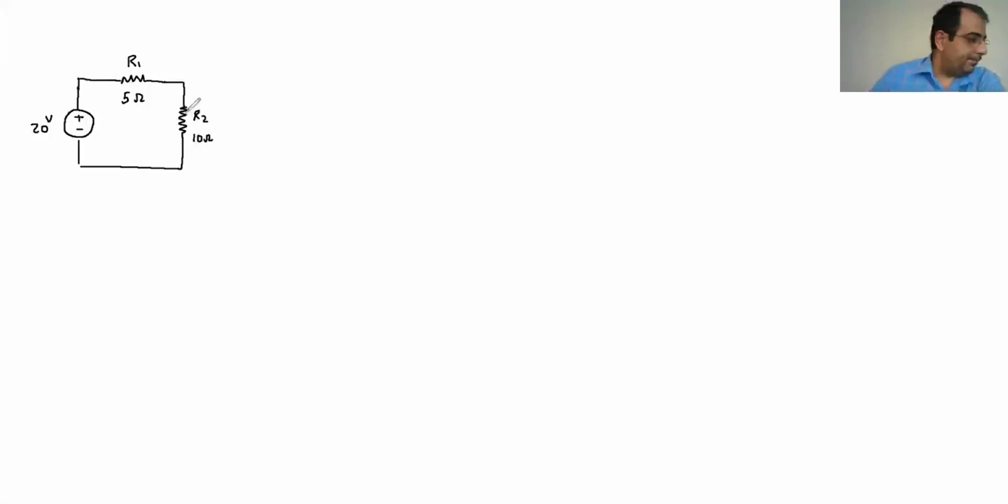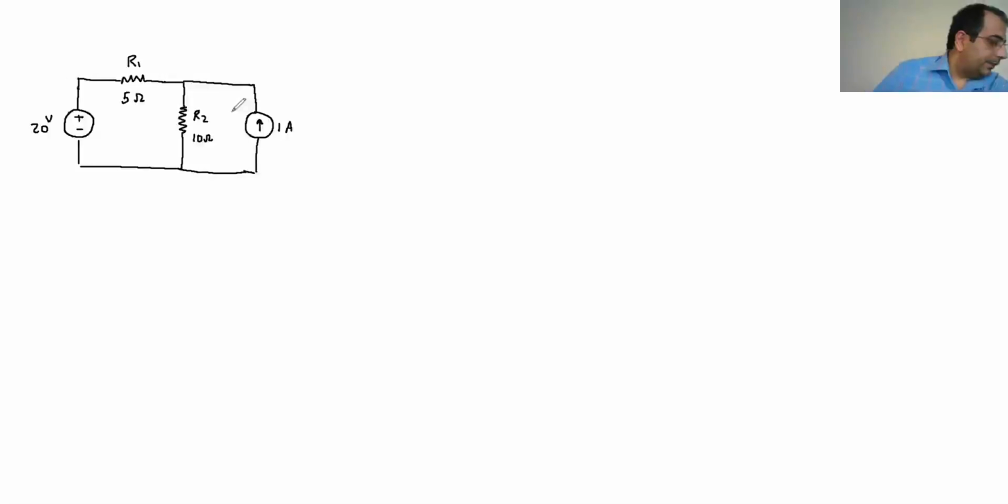And then we have a current source that goes like that as a 1 amp.